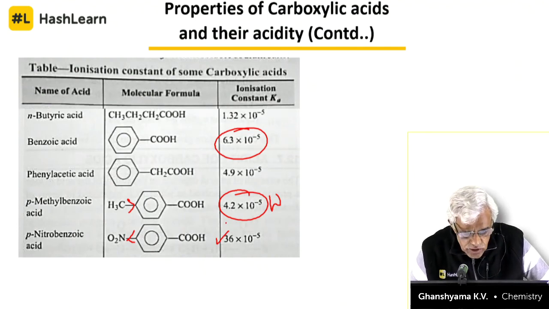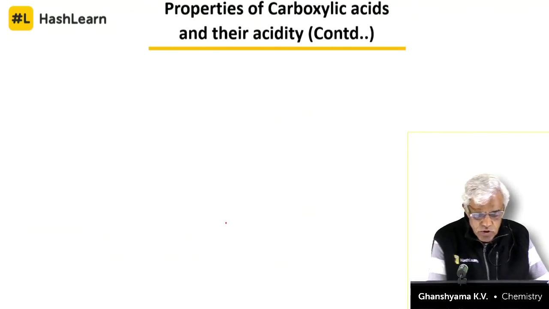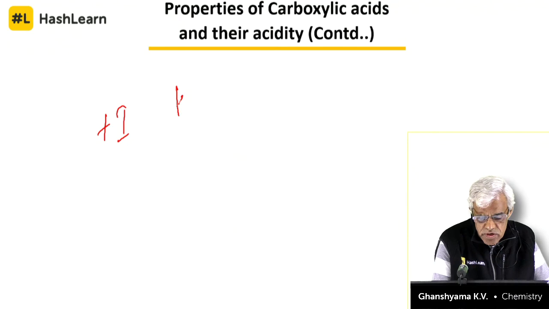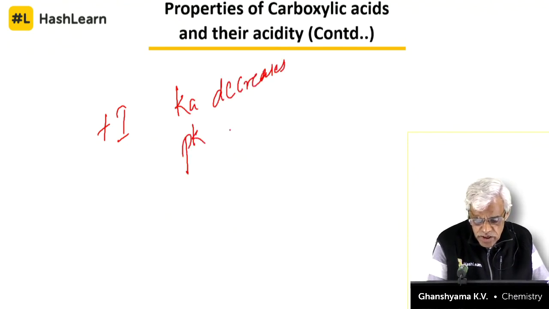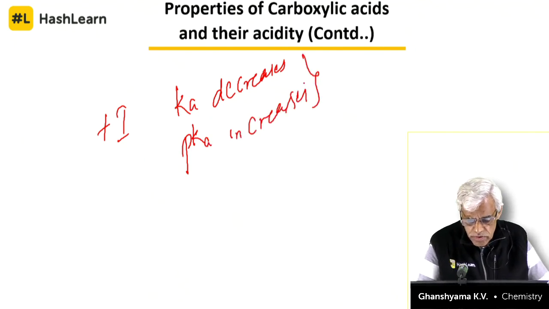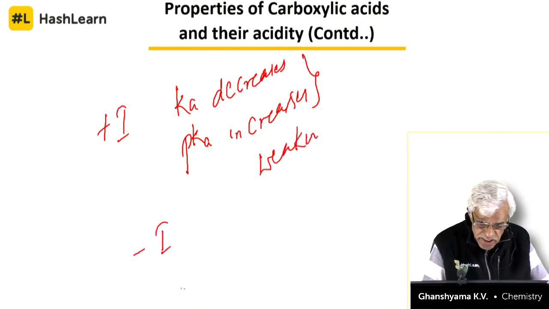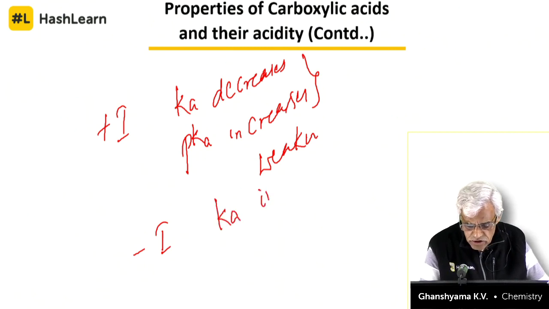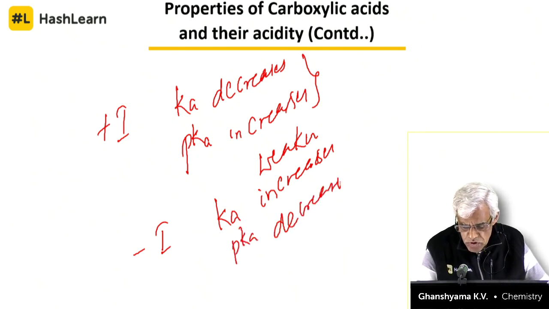So, with plus I effect groups, Ka decreases or pKa increases, and the acid becomes weaker, whereas with minus I effect groups, Ka increases, pKa decreases, and the acid becomes stronger.